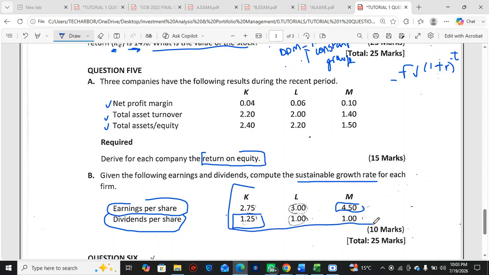Madam, every value I'm using is given. Then the next question. No, that's what we're finding, that's what we're calculating.